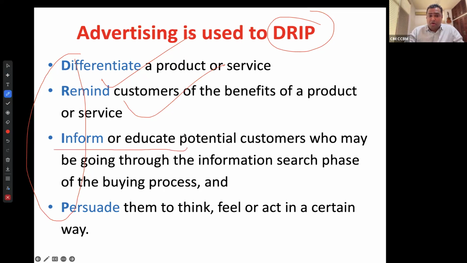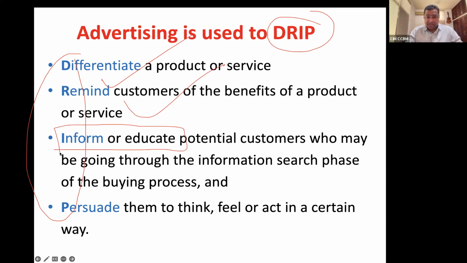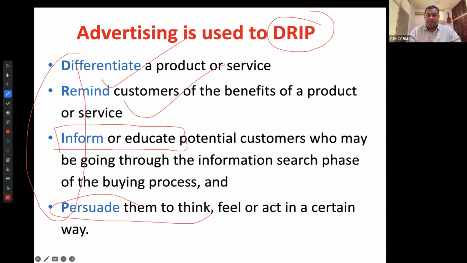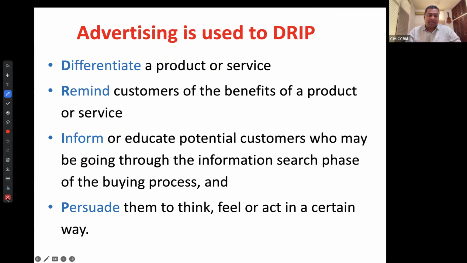Is to inform or educate customers what are the differences of your product versus competing products, and to persuade them to buy. So the objective of advertising is to DRIP. It is to differentiate, remind, inform, and persuade.